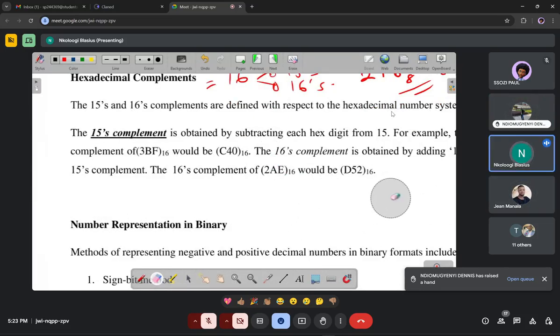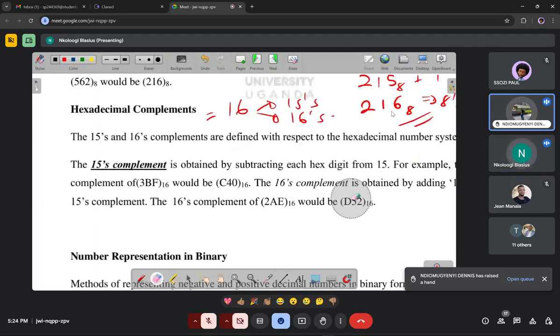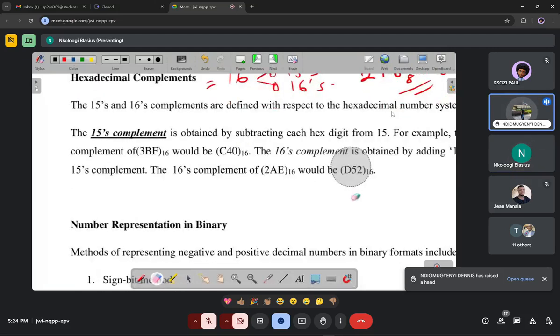Hello. Yes, please. I didn't get that one. I'm still wondering where we got a 0x5e. Which number? Where we started when we were doing the complements.